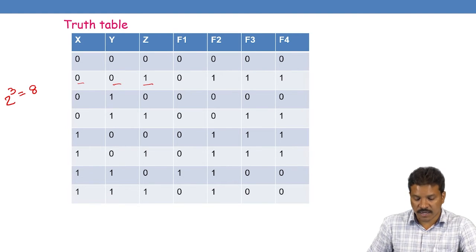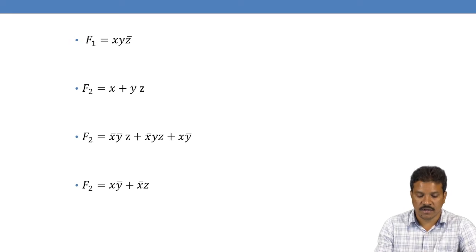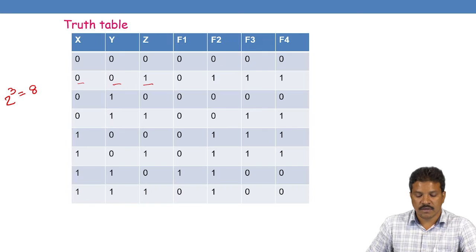The mathematical Boolean expressions of these functions: function f1 is equal to x y z bar, and function f2 is equal to x plus y bar z. So these Boolean expressions can be represented in this table.